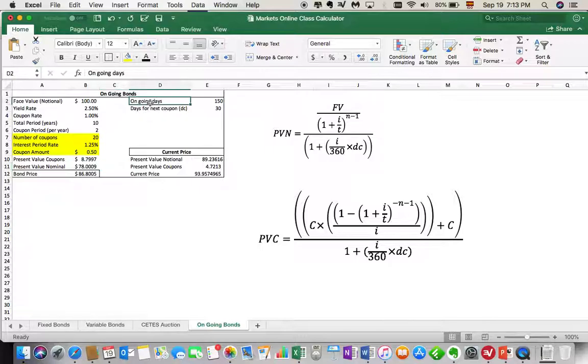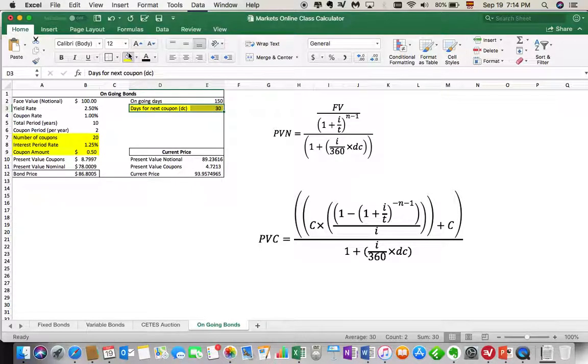In here, I'm going to add 2 cells, ongoing days and days for next coupon. Days for next coupon, I'm going to call DC, okay? Pretend that this bond has walked 150 days. If you go back to your information, this bond pays coupons every 180 days, and we're assuming for this example that the bond walked 150.